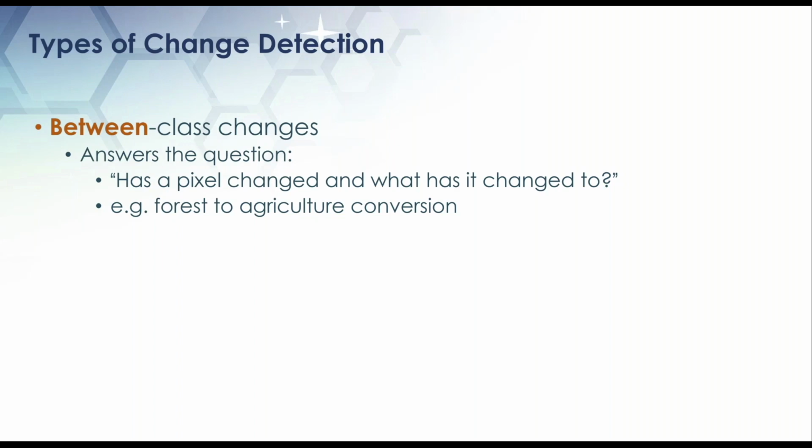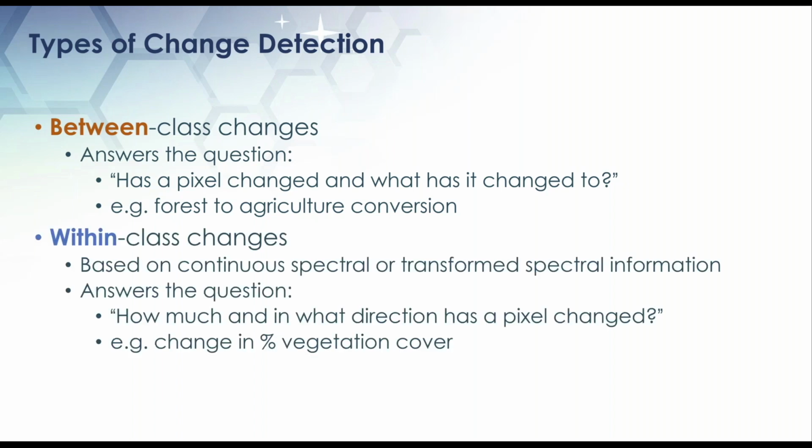The type of question that you might ask with between class changes is, has a pixel changed between different classes, and what has it changed to? A great example is forest to agriculture conversion, or agricultural to urban conversion, or something like that.